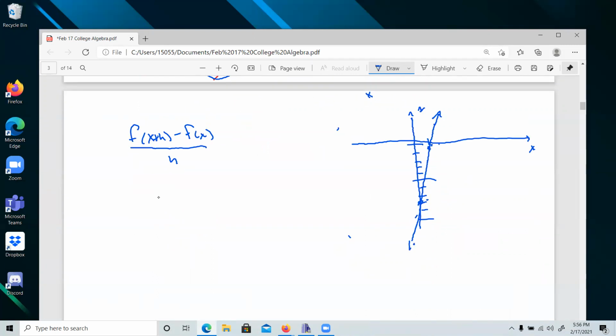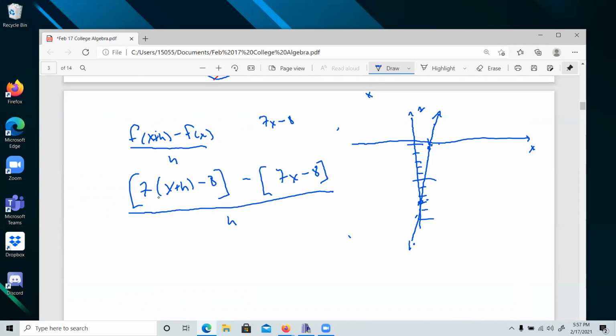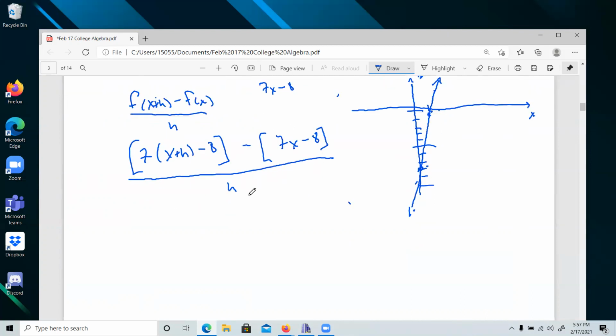Our function was 7x minus 8, so we're going to have 7 times (x plus h) minus 8. That's my f of x plus h value, minus (7x minus 8), all divided by h. That's how we set that up.